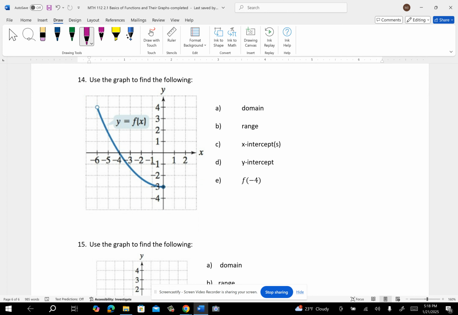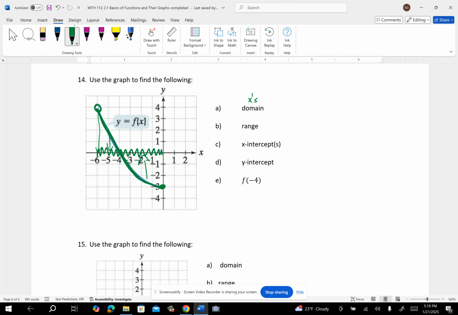All right, domain. Domain should be x's. Okay, so let's pretend that I've painted this green. If I want the domain, I should be thinking x's. So if I were to project all those points to the x-axis, I would be covering up everything from there to there.